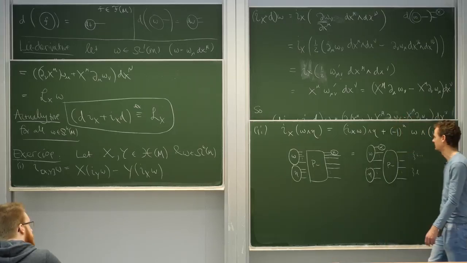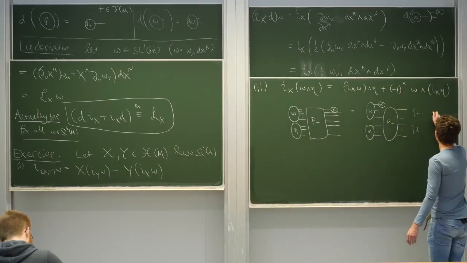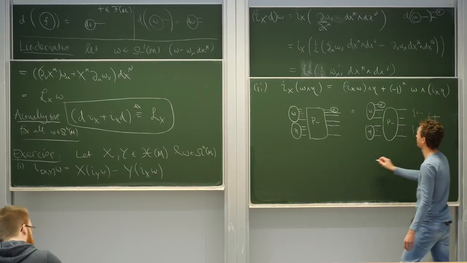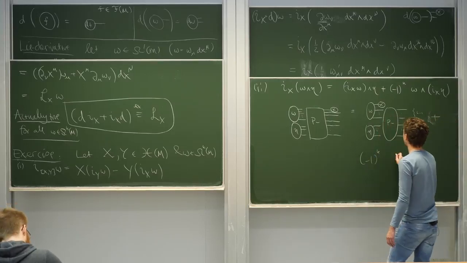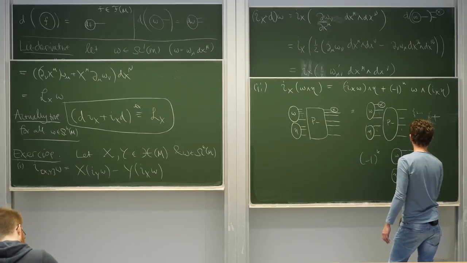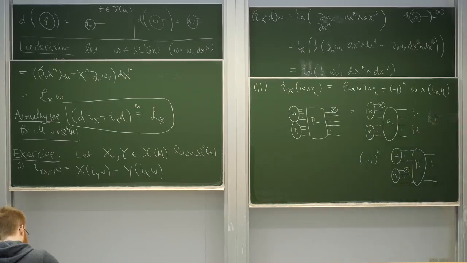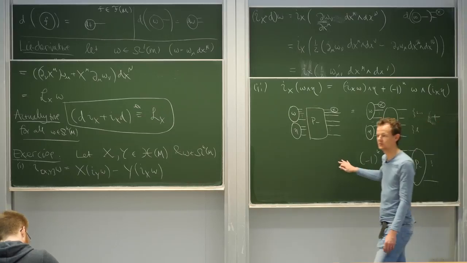L legs there, K minus 1 legs there, plus or minus 1 to the K. So that's not a proof, that's a representation of the left-hand side and the right-hand side.